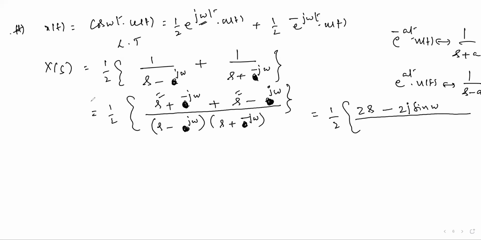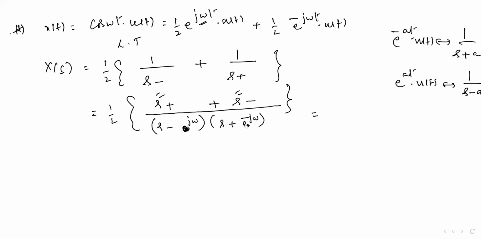Then it is 1 divided by s minus j omega plus 1 by s plus j omega.